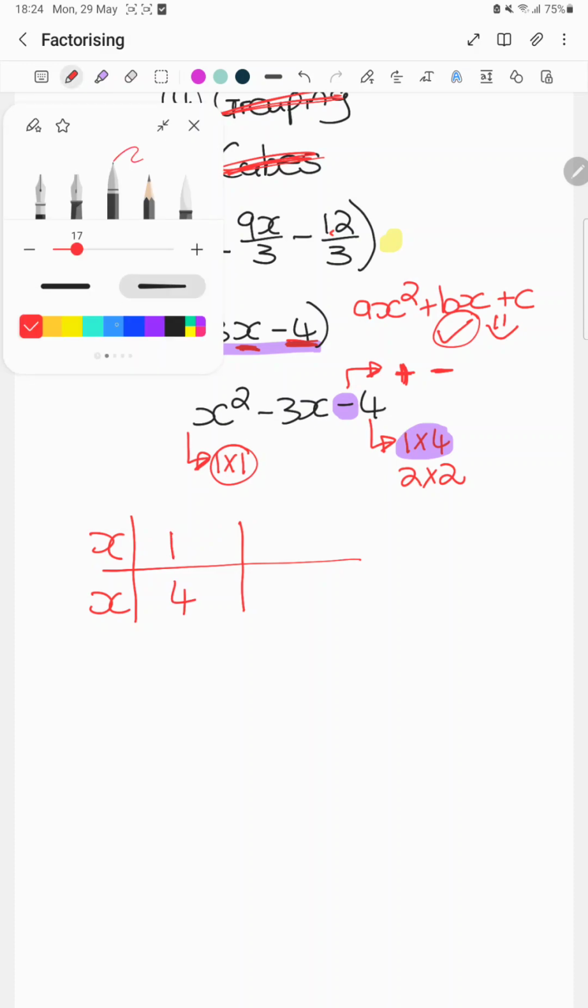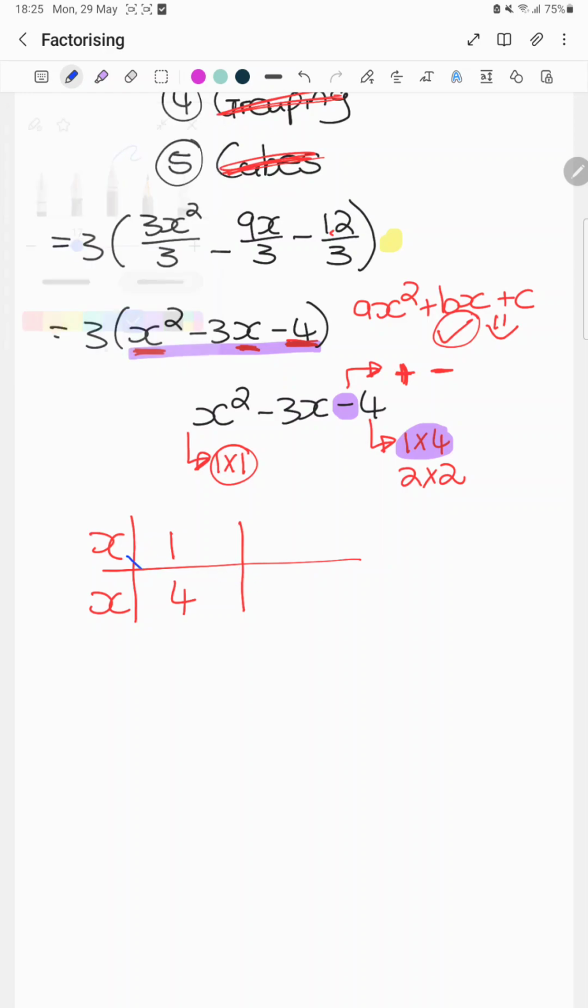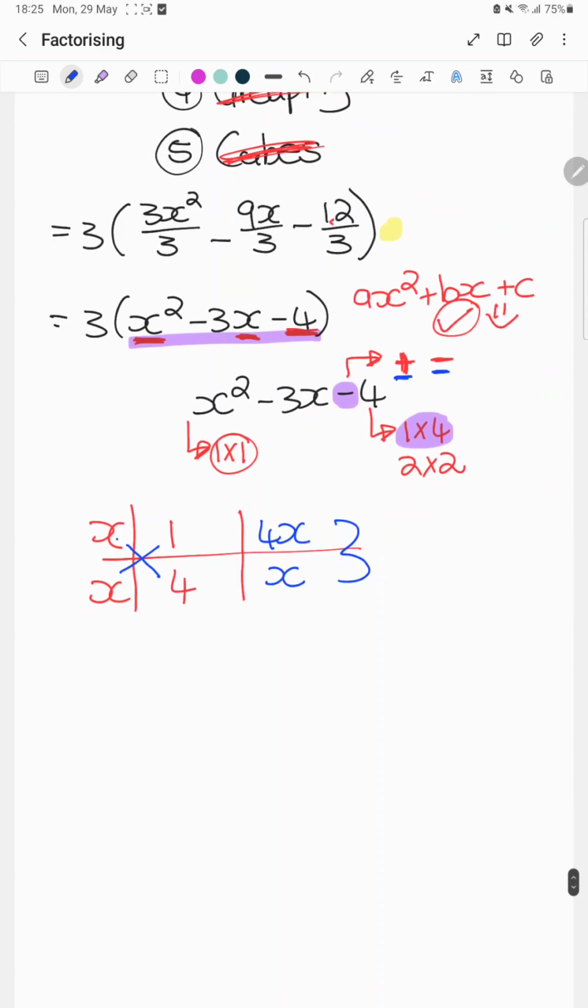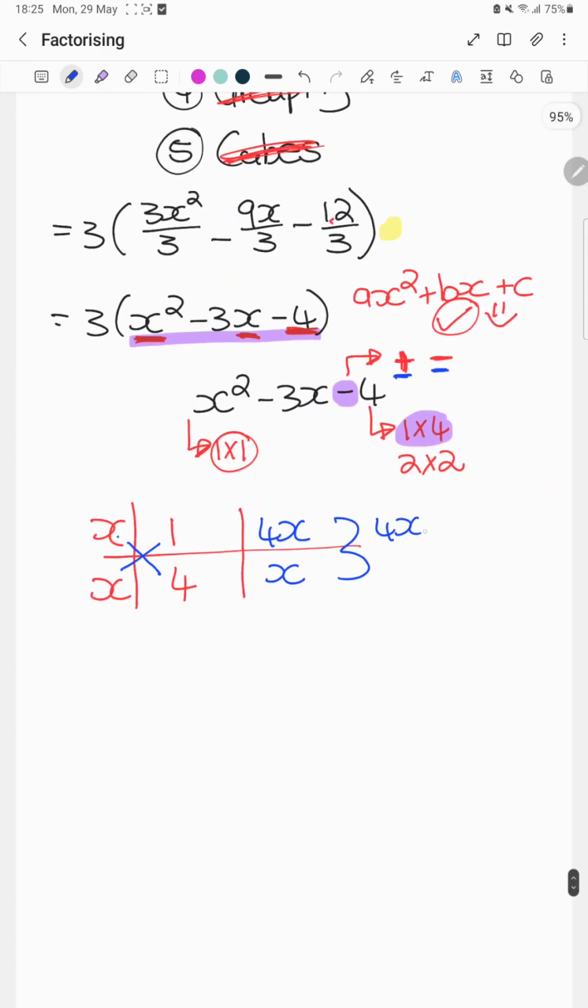So let's have a look. If I cross multiply this, I get x times 4, which is 4x, and x times 1, which is just a normal x. Remember that one bracket has to be positive, one has to be negative. So let's see if that combination works. 4x minus x gives me positive 3x.